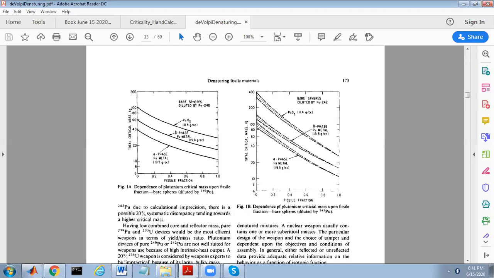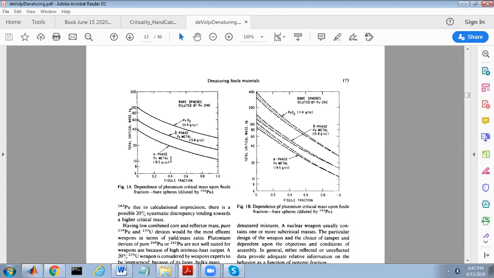I was just talking to you about Godiva and Jezebel. If you look at these two figures, all those calculations of one group and modified one group you can do. This figure shows the dependence of plutonium critical mass upon fissile fraction. When the fissile fraction is 100%, these are the two phases.